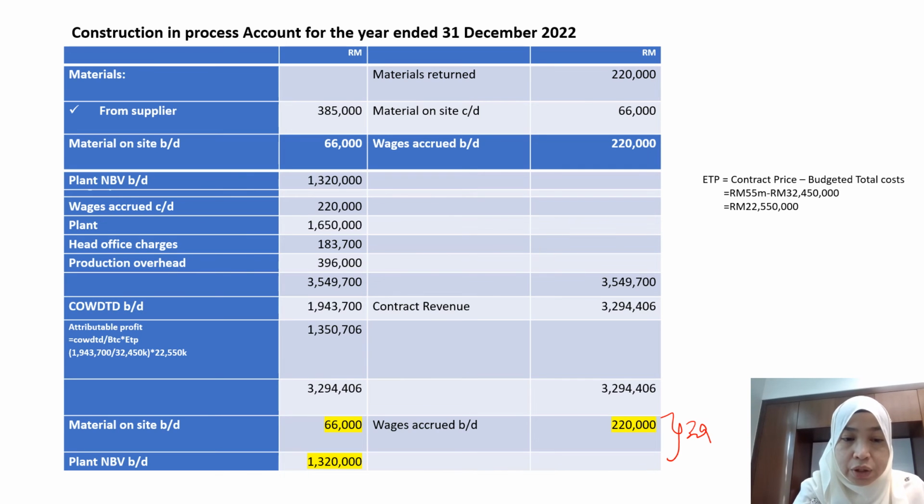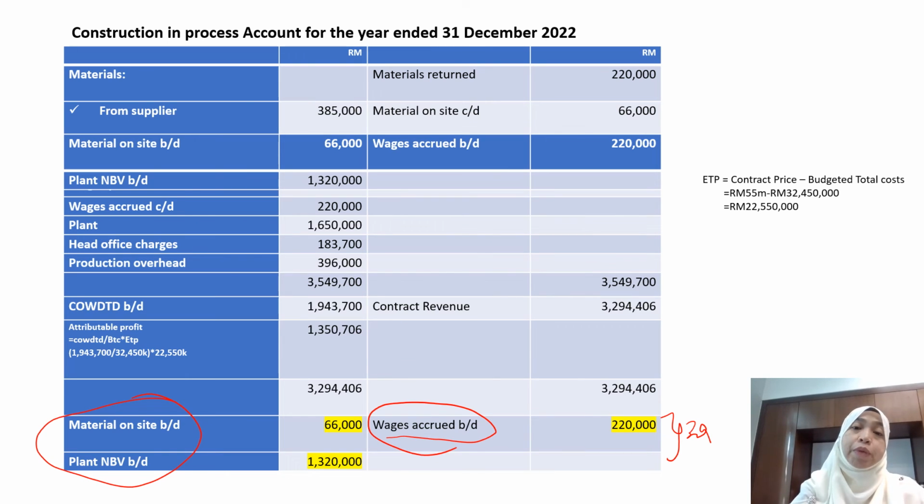In the third stage, you record the balance: balance brought down for material on site, as well as net book value for plant. And then don't forget your accrued wages, unpaid wages. You record them under the third stage. So this is for construction in process account.